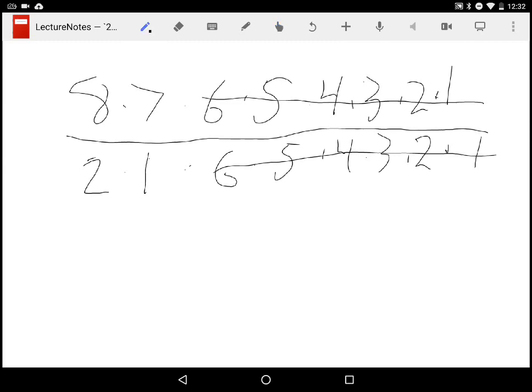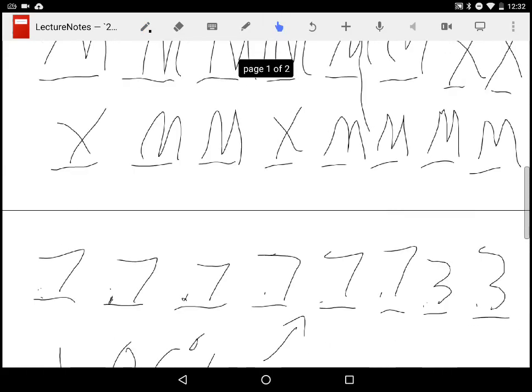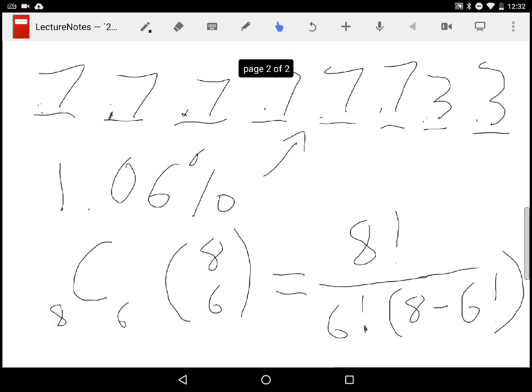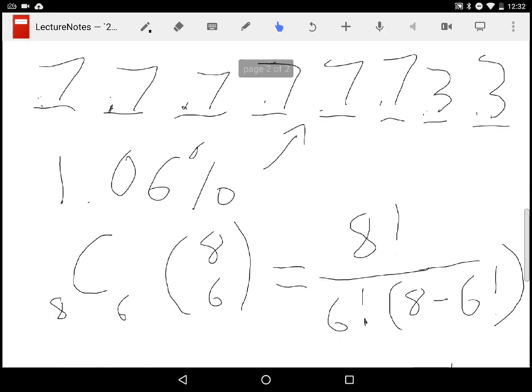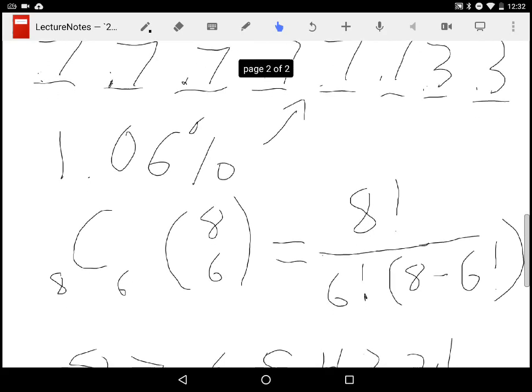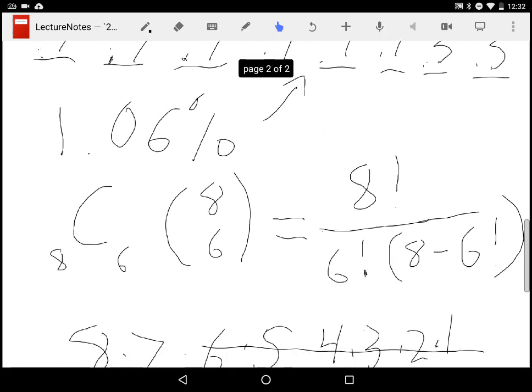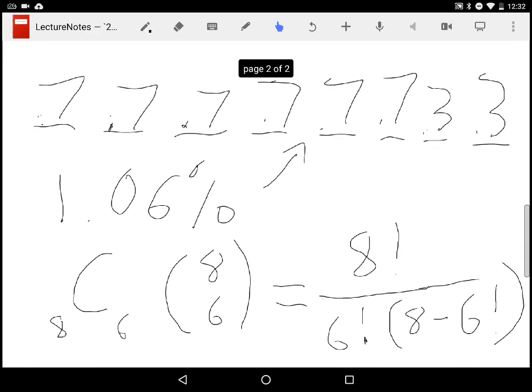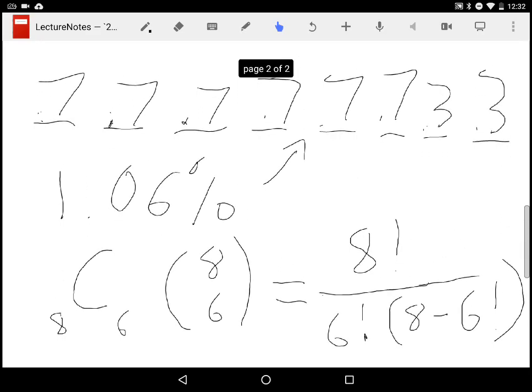So that's 28. So there are 28 different ways in which we can arrange the number of made and missed free throws, or 8 choose 6. Okay? So at first you're saying 1.06%. Wait, that seems extreme.